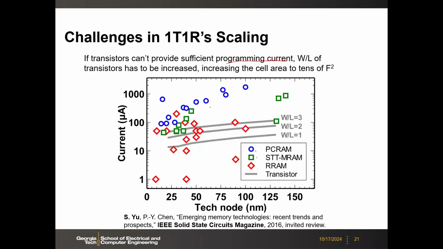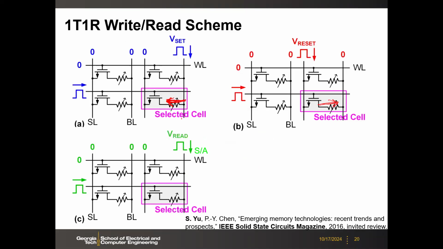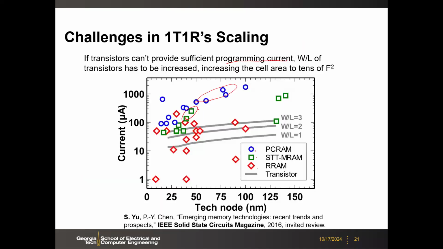Especially for phase change memory, you need very large currents, even hundreds of microamps. And also MRAM, depending on the technology node, smaller tech node generally means lower currents. But still, this is a large, hundreds of microamps.